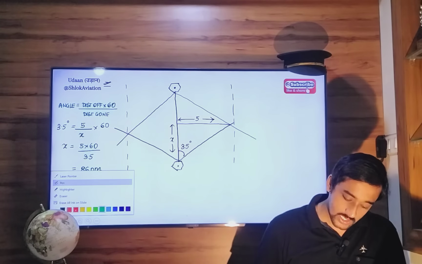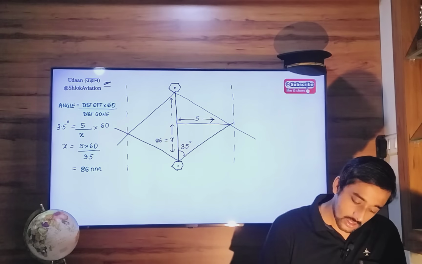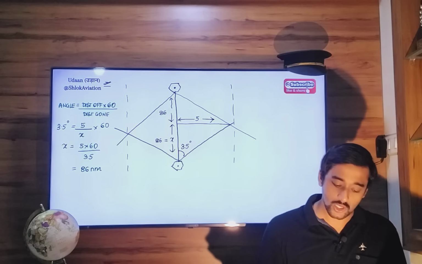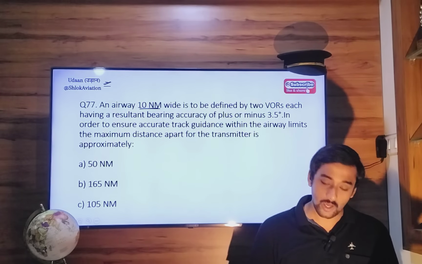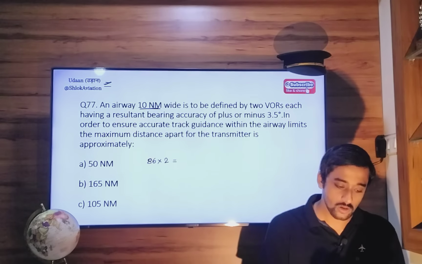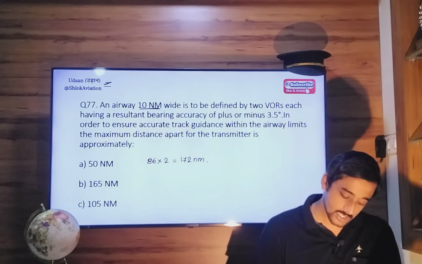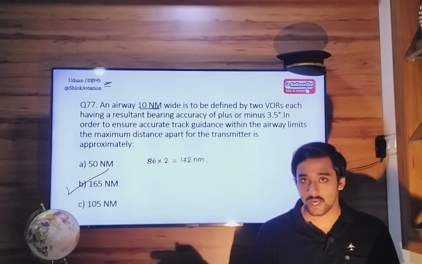So if this is 86, this will also be 86. So the total distance between these two VORs is 86 multiplied by 2, approximately 172 nautical miles. So the closest answer here is Bravo, 165 nautical miles.